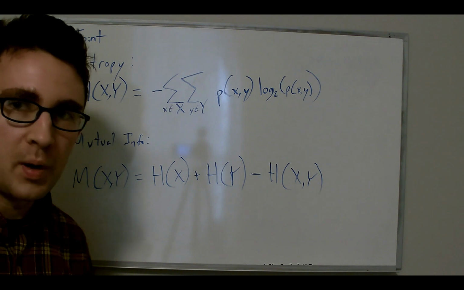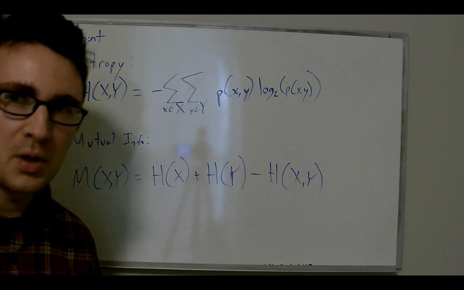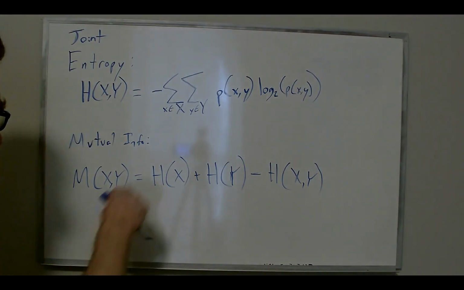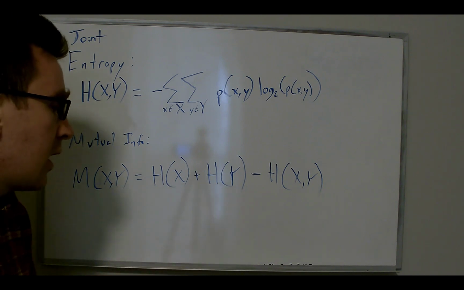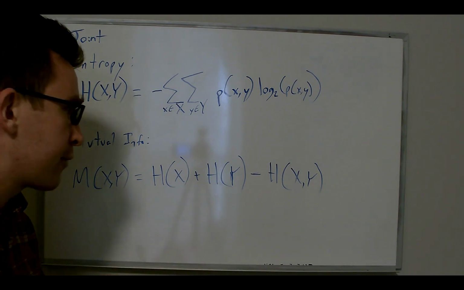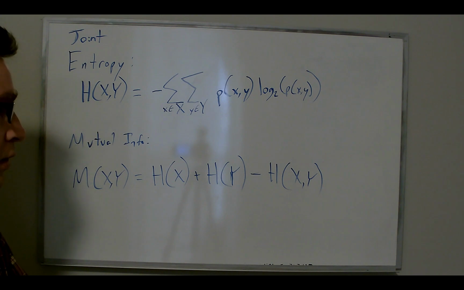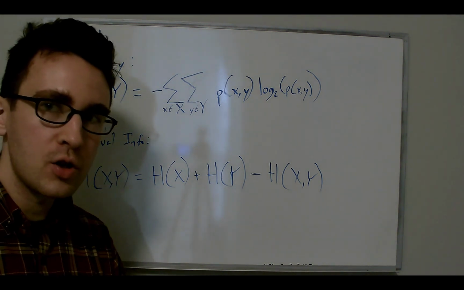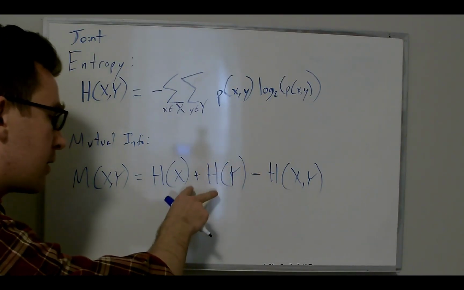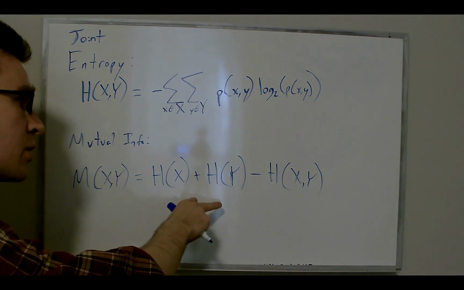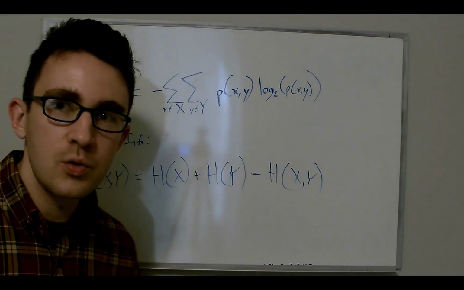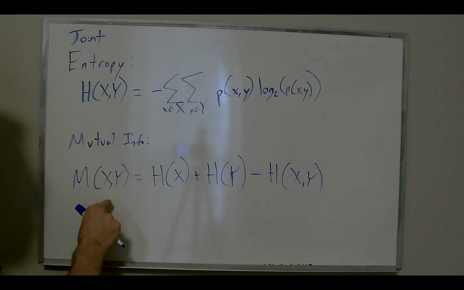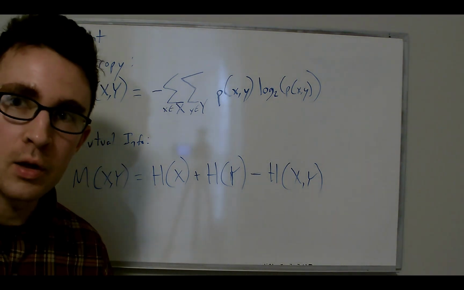It might take a second to wrap your head around, but I just recommend thinking of this in terms of uncertainties. Again, to repeat myself, if we have less uncertainty in the joint distribution compared to the combined separate distributions, that means we have some mutual information that we're getting between the variables.